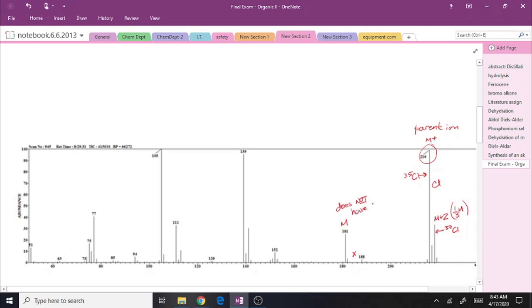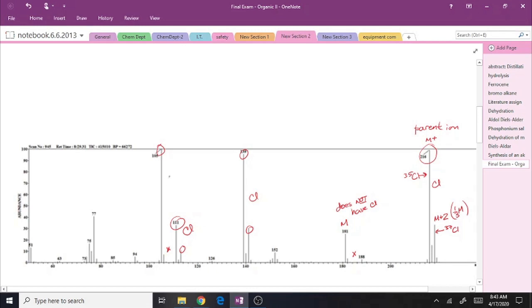Whatever this fragment is, there is no chlorine on it. This one we have an M plus, and we have an M plus 2 that is 1/3 the size. So whatever this fragment is, it has chlorine. Likewise, the 111, we've got the peak. This one has chlorine. This one, there is no M plus 2 that's 1/3 the size of the M.